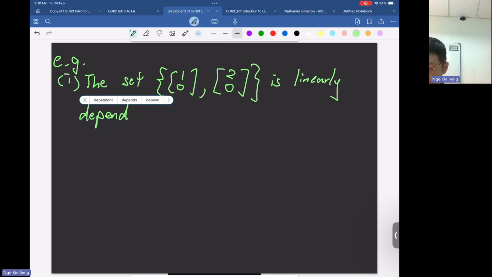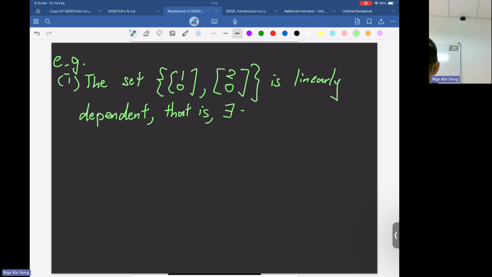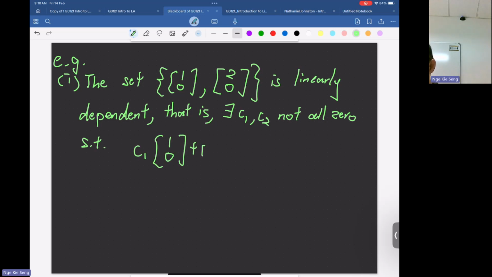Meaning that there exist c_1, c_2, not all 0, such that c_1 times (1, 0) plus c_2 times (2, 0) equals 0.